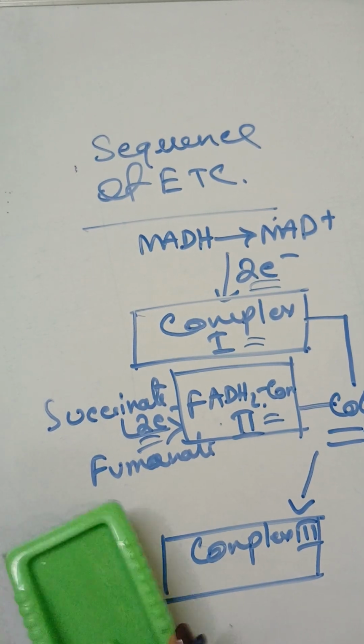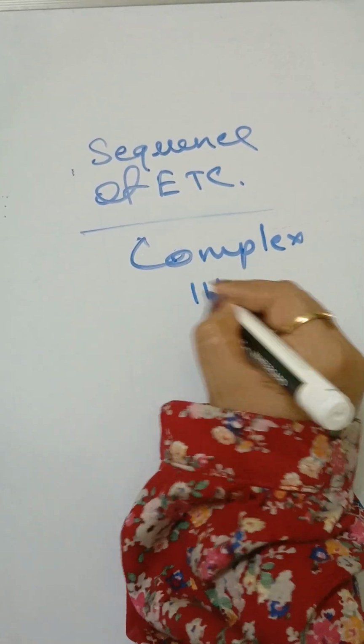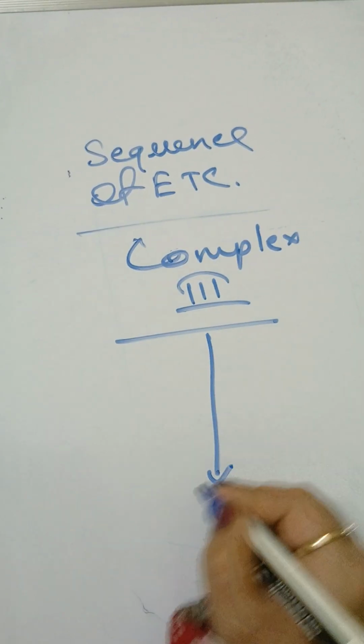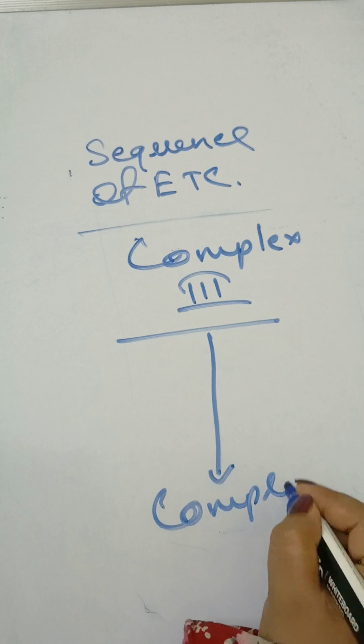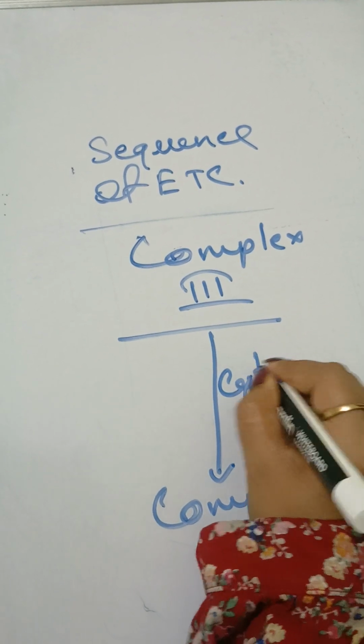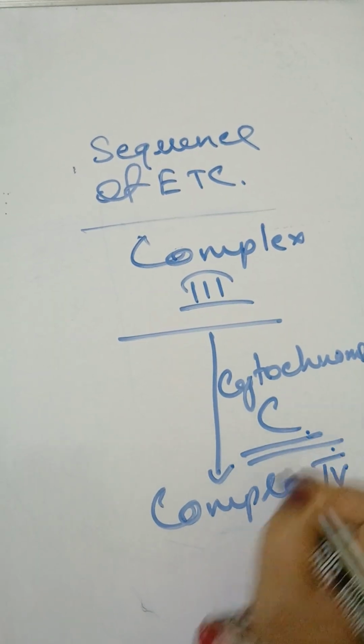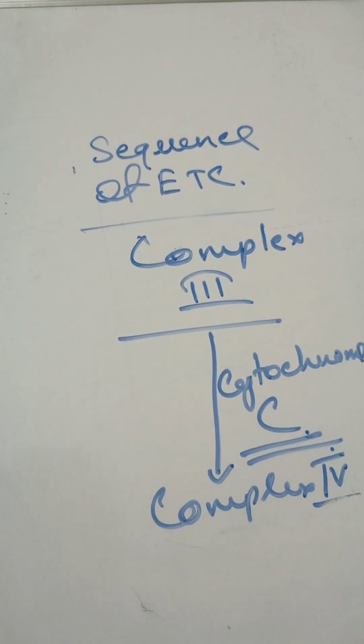Then from complex 3 the electrons will pass on to complex 4 with the help of cytochrome C, which is basically a peripheral membrane protein.